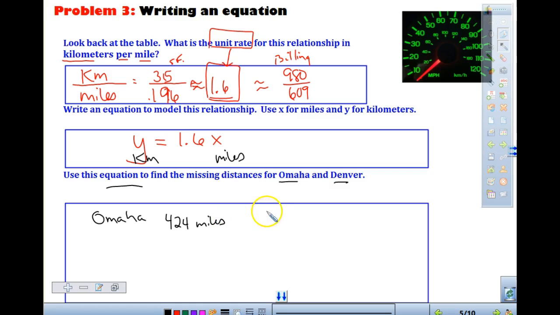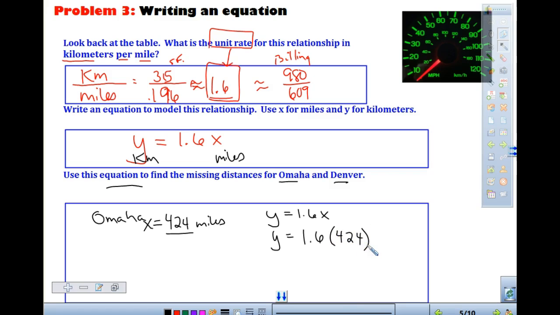Which means in this equation, y equals 1.6x. Should I replace the x with 424 or the y? Which one is miles? Oh, x. So we're going to put x equals 424, and your answer is going to be y equals 1.6 times 424.